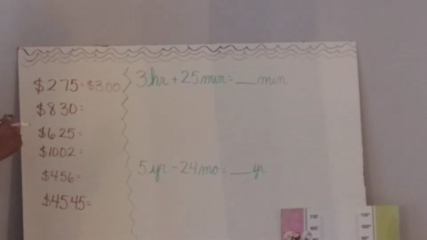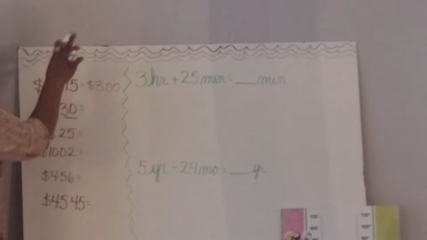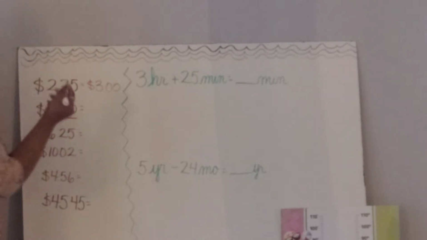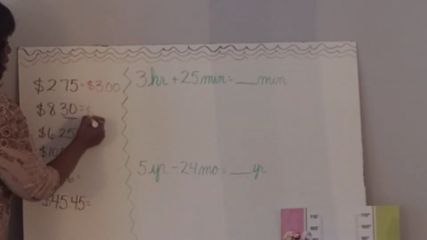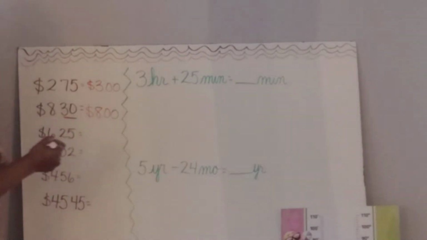What about $8.30? We look at our cent side, see what it is telling us. If it's 50 and over, we round up. If it's 49 and under, we go down. Obviously, this is going to round to $8. Very good. $6.25.